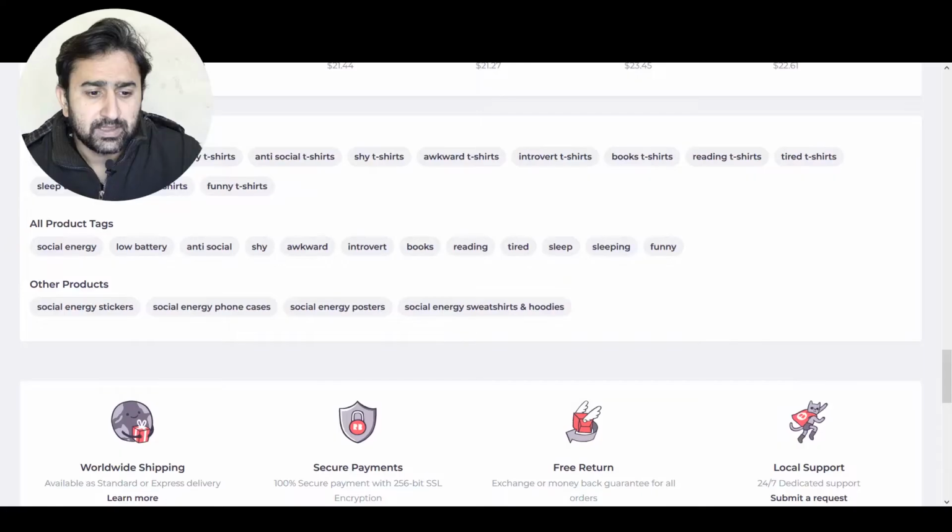Another example is on this page, where you can see that this person has used low battery, social energy, anti-social. So these are things where the 2 words can explain some object or subject or something that people are actually searching for. There you can use the 2 word tags, but mostly try to stick to single word keywords, or you can say tags.